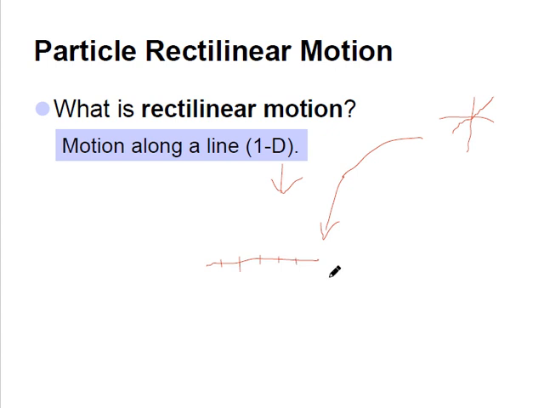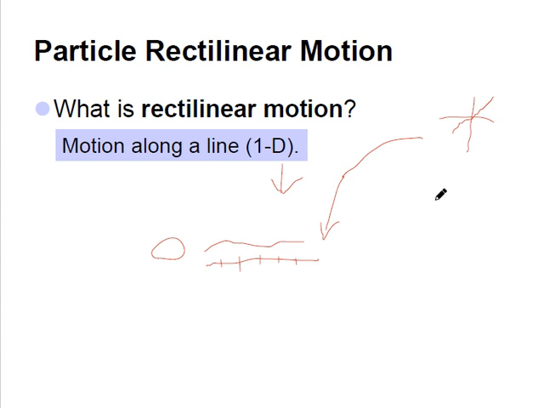It's like a number line to describe the axis. So for example, think about a car driving straight down a road.